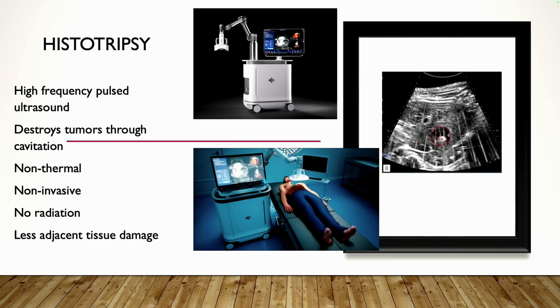And then lastly, histotripsy, and I hope that for the histotripsy community, I will be the voice of reason when it comes to some of these emerging technologies. I do want to tell you that I am extraordinarily enthusiastic about histotripsy in neuroendocrine.